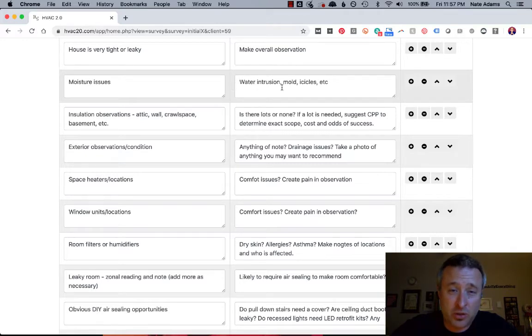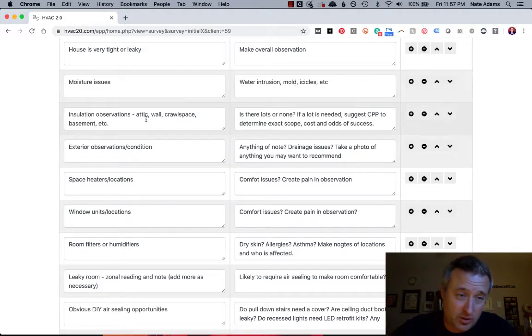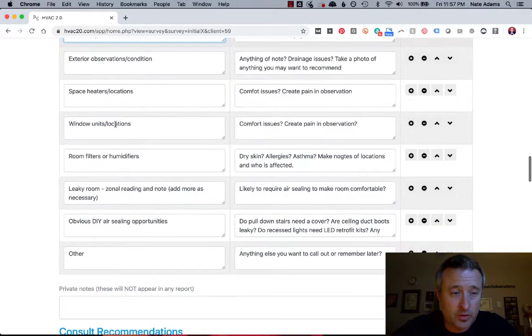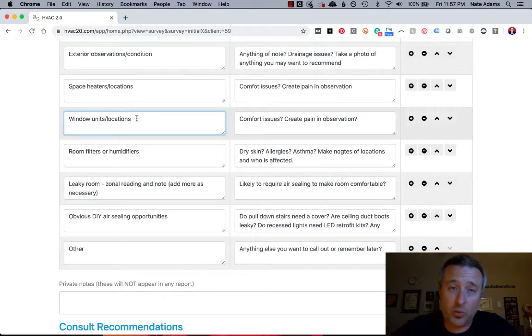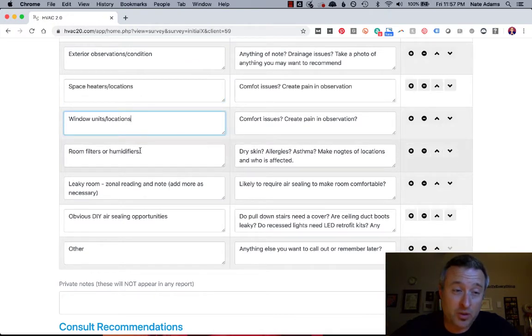Are there any moisture issues? Did you notice water coming in? Was there mold anywhere? Did they talk about icicles, things like that? Did you notice anything about the insulation? Is there enough? Is there not enough? Was it missing someplace? Was it torn up by critters? Whatever. So there's lots of different things. Space heaters and window units, those are really good indicators of comfort problems.